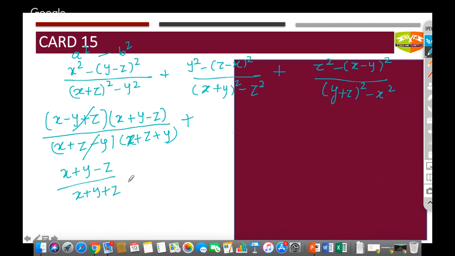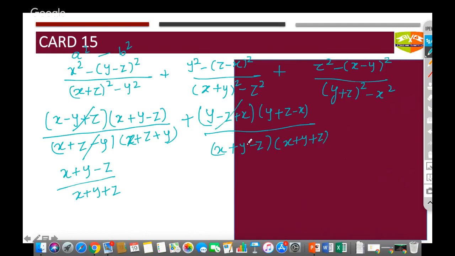So I should know that I will get a similar kind of term over here, which will be (y − z + x)(y + z − x) divided by (x + y − z)(x + y + z). Now you look at this term, this x + y − z is cancelling this, and what I get over here is (y + z − x) divided by (x + y + z).